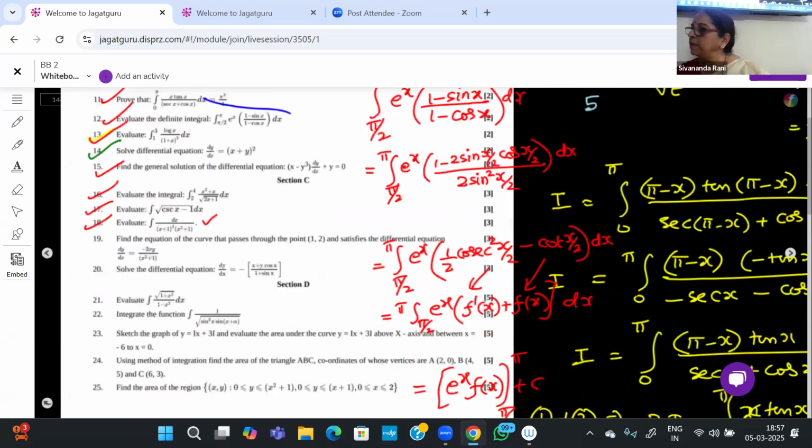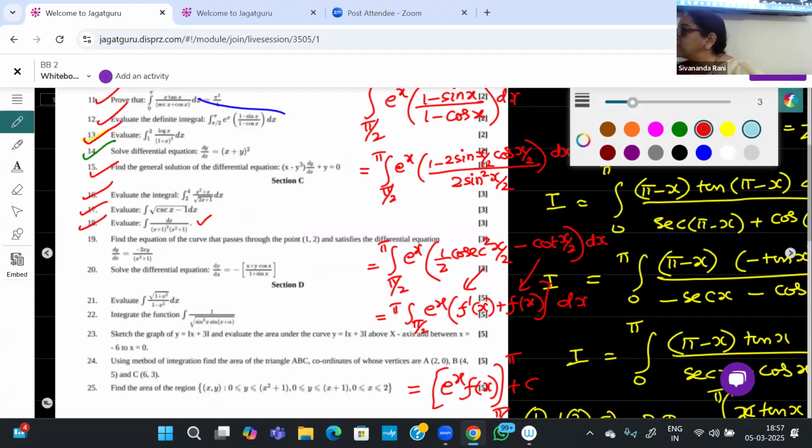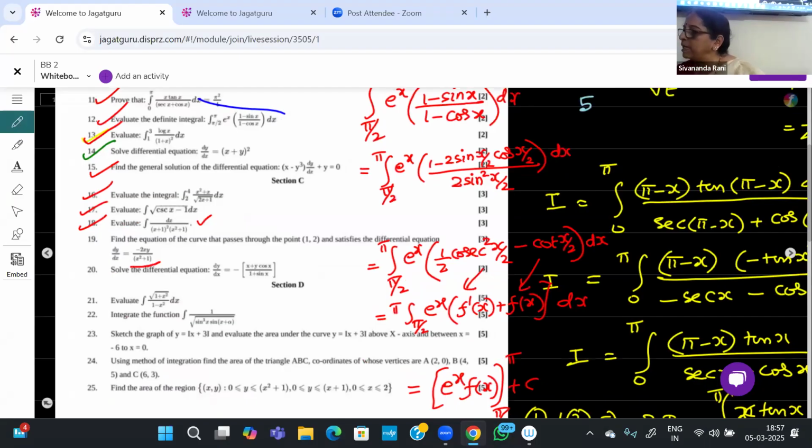Next one, find the equation of the curve that passes through 1, 2 and satisfies this differential equation. Okay, dy by dx is minus 2xy by x square plus 1.